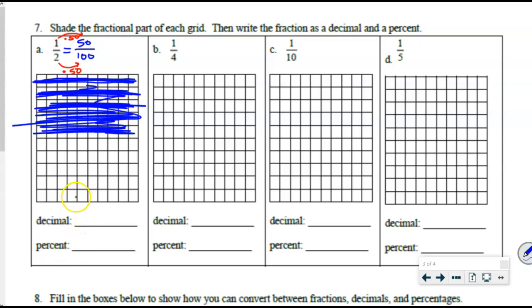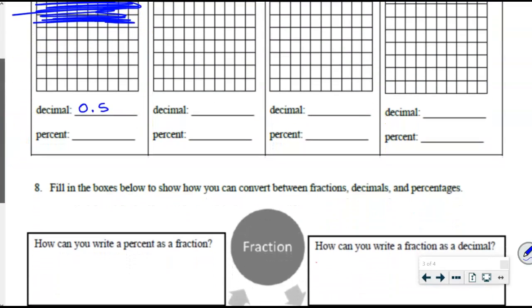What is that as a decimal then? Now we have shaded 50 out of 100, so I would write 50 in the hundredths place. Do I really need that 0 at the end? So I could be lazy and just say 5 in the tenths place. What is that going to be as a percent? This is where we need to tie it all in together, kind of like our warm-up.